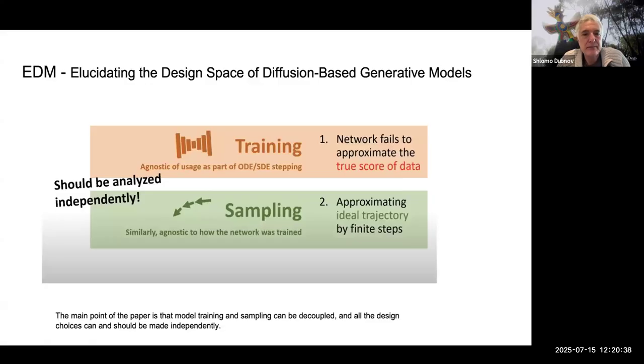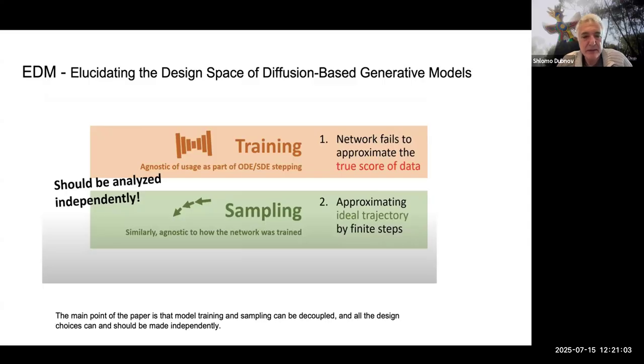So this section is really more of a summary of a lot of concepts that are now present. A good paper that brings everything together is quite voluminous, with a lot of details, especially the appendices, which repeat a lot of the theory. It's the EDM paper, Elucidating the Design Space of Diffusion Models. What they do is suggest that the training and the sampling should be separated.